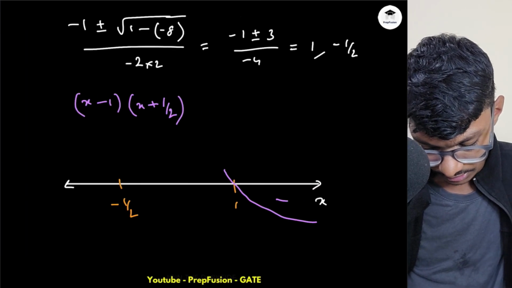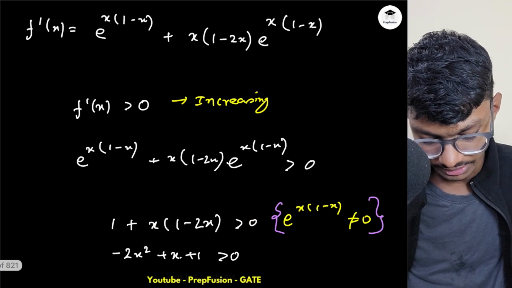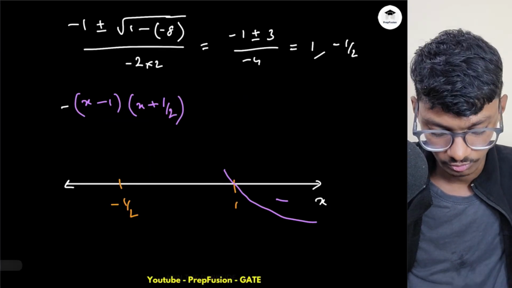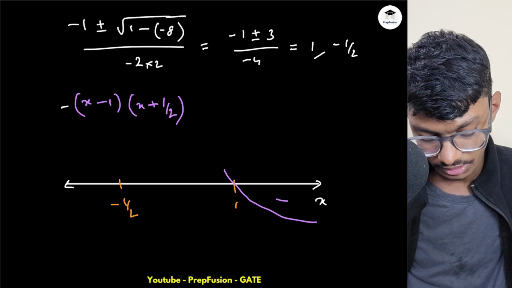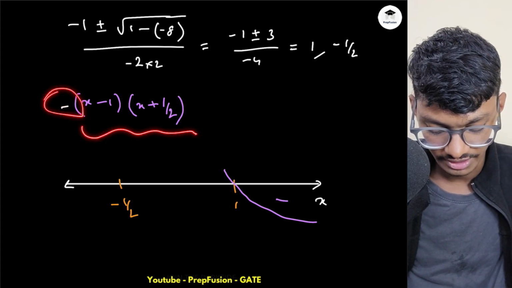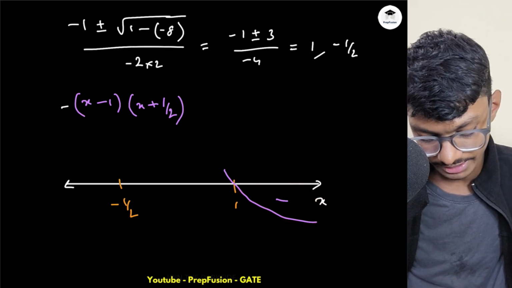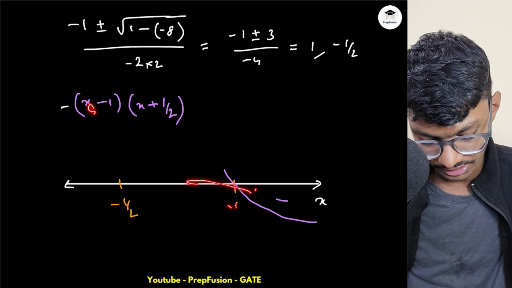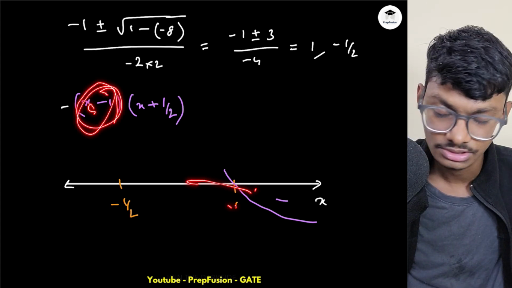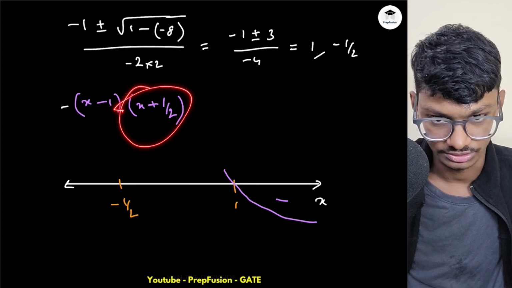So what I can write like this, put a negative sign over here, because this x square has a negative coefficient. So now if my x is increasing, this thing is positive infinity, but I have a negative multiplied with it, so this will be negative infinity. Now at around x less than 1, this thing is negative and this thing is positive, right?